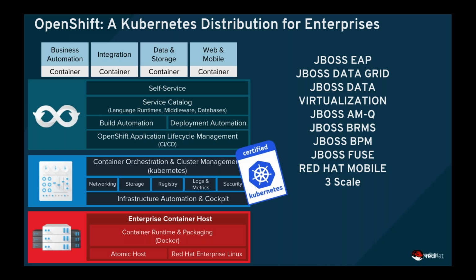OpenShift is essentially a Kubernetes distribution for enterprises. So when you build an OpenShift environment, what you're essentially doing is building a certified Kubernetes system backed by Red Hat knowledge, support, and expertise around running applications in a secure and managed way.